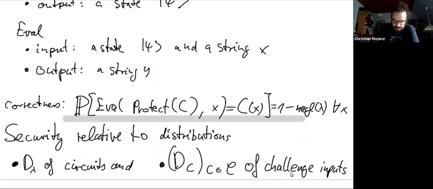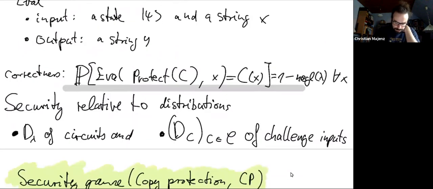Then there's another distribution, the distribution of challenge inputs. In the end, we want to check whether somebody has succeeded at copying, and we do that by challenging them: give me the output of the program on this and that input. These inputs also have to be sampled.